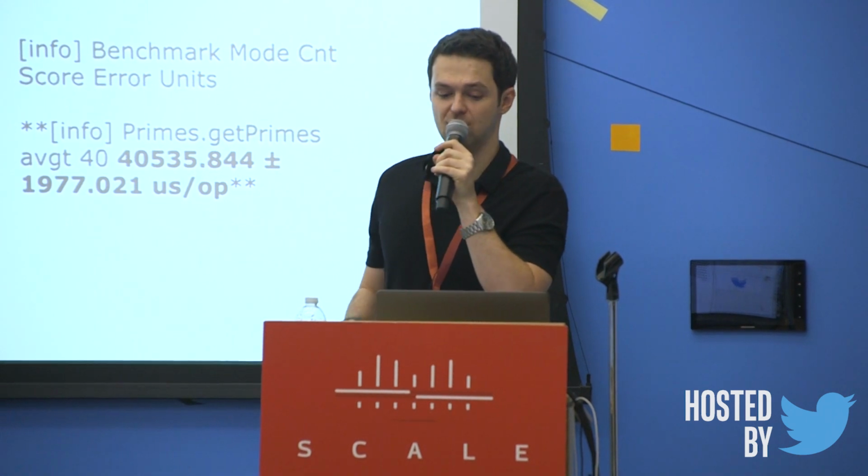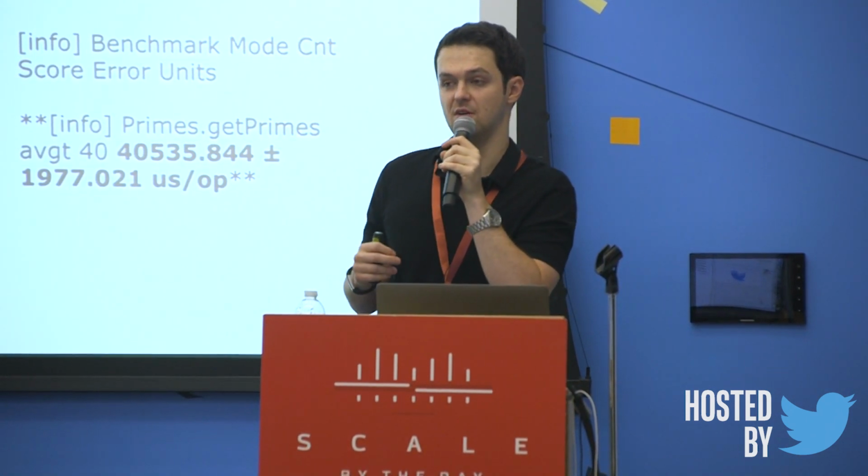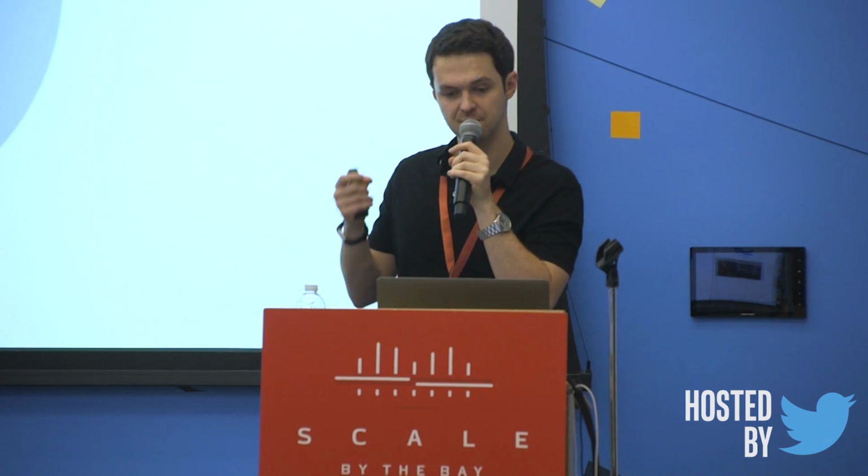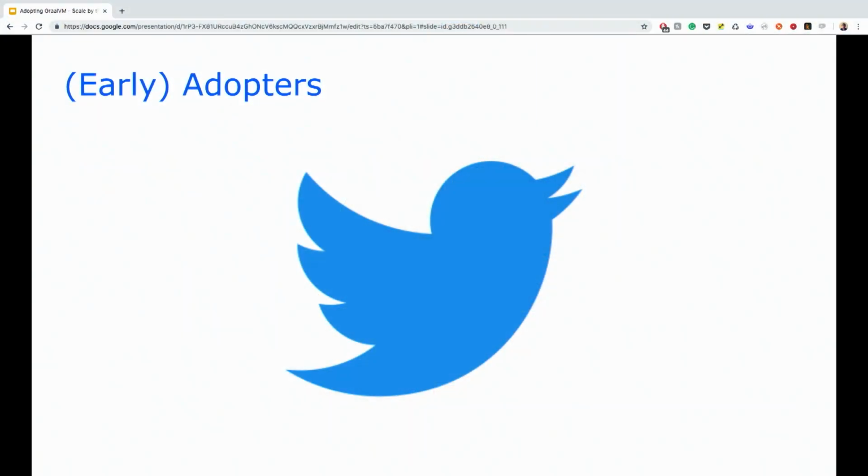But I think we need to dig a little bit deeper before we push it forward. Graal is a project in its early stages, but there are already production deployments like Twitter, and that's it. I have not found anyone else. If you guys know about someone, let me know, please.